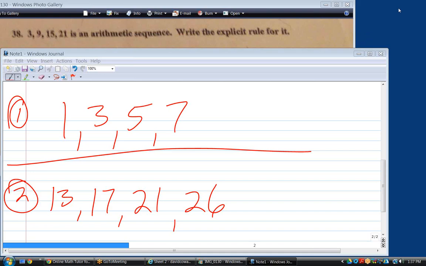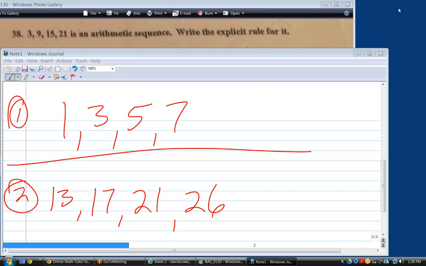So let's talk arithmetic sequences. Which of the following on my screen is an arithmetic sequence, Patrick? One of them is, one of them is not. Would it be number one? Yeah.